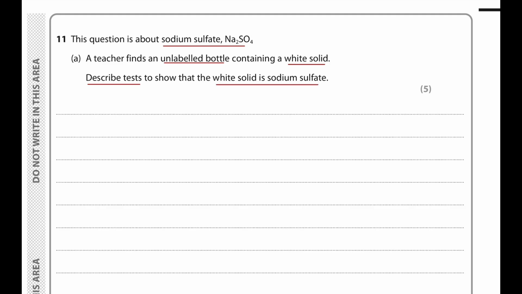Okay, first one, in order to test the sodium ion, the student must do a flame test. And the color of the flame is yellow.